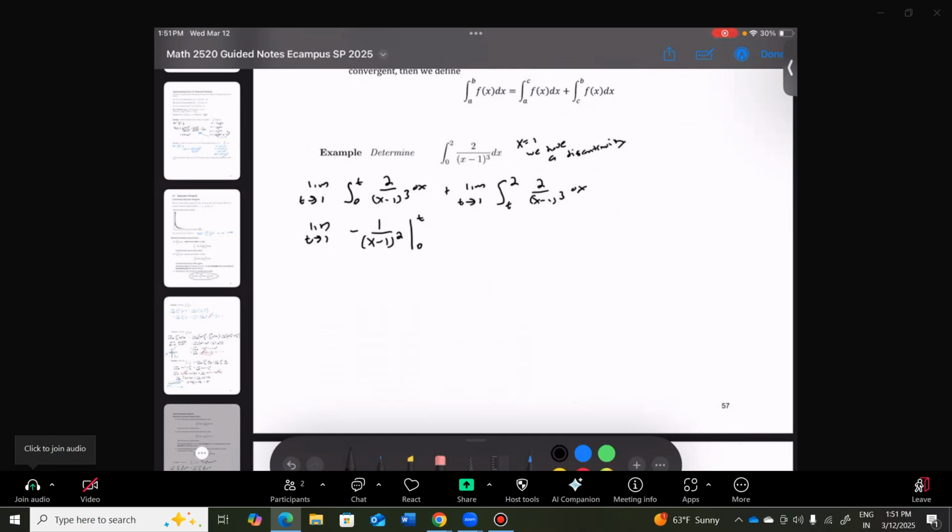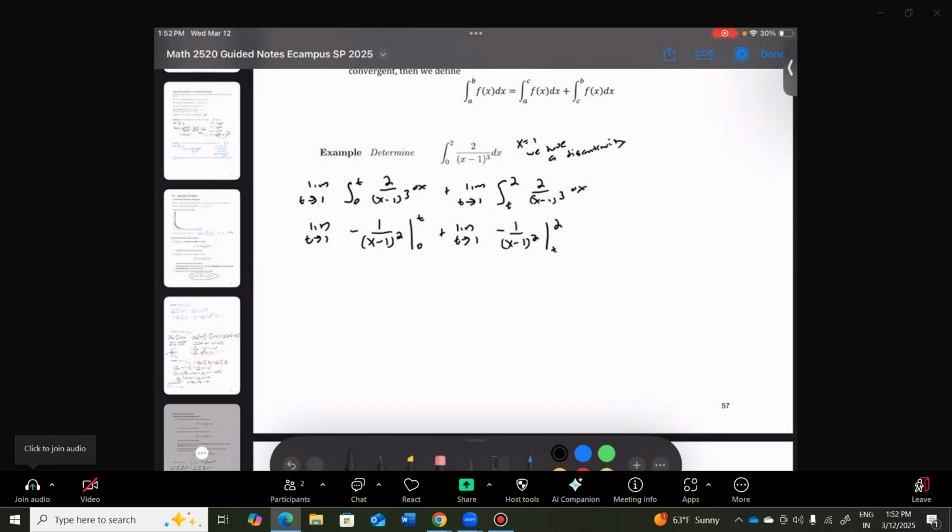That will come down, giving you a positive 2 in the numerator, and then your power drops to negative 3, and so you end up with (x minus 1) cubed on the bottom. Basically just take the derivative of what I just did, and you'll get what you have in the previous one. And then this will be plus the limit as t goes to 1 of negative 1 over (x minus 1) squared evaluated from t to 2.